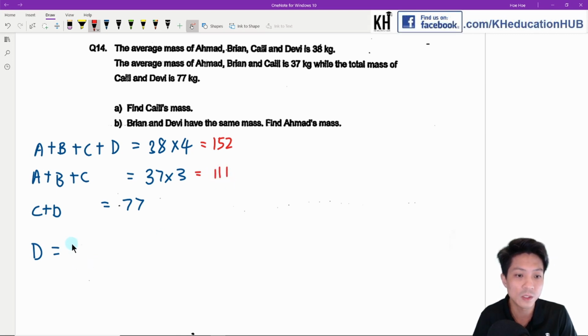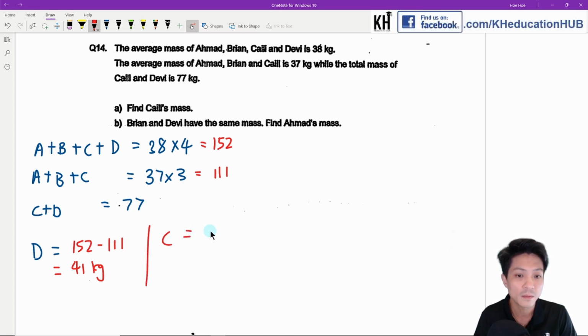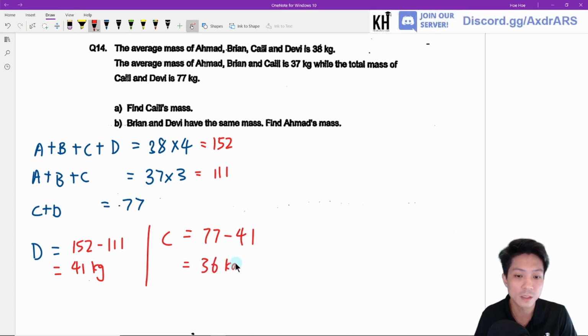So D is equal to 152 minus 111, which is equal to 41 kg. And to find C, I just need to use 77 minus 41, which is 36 kg.